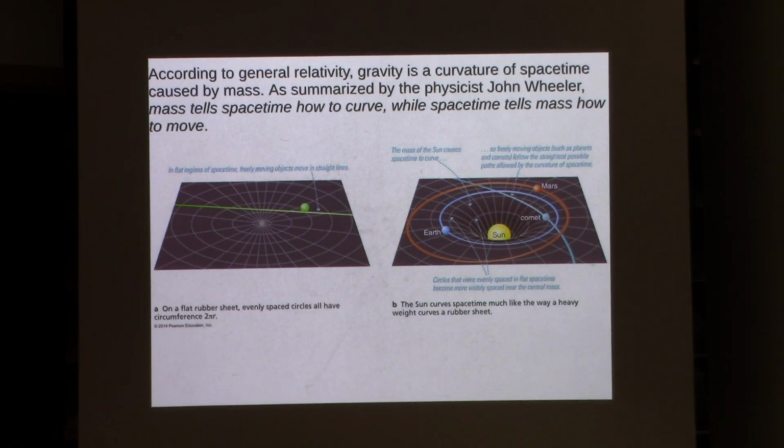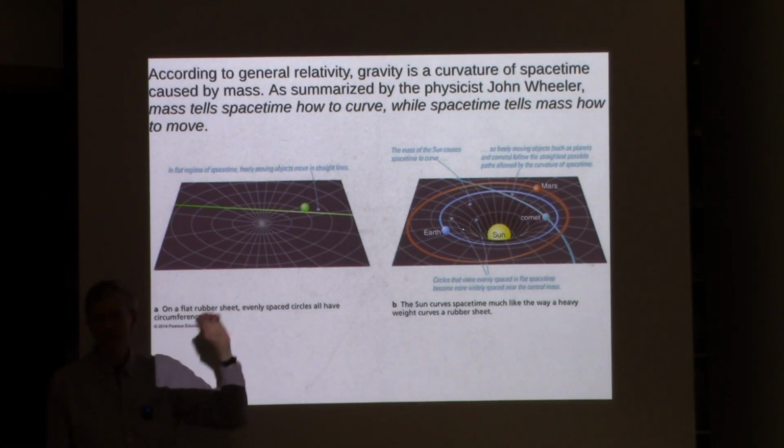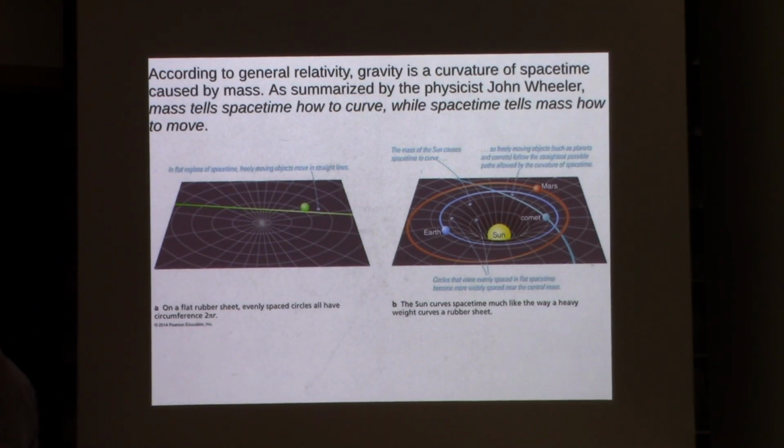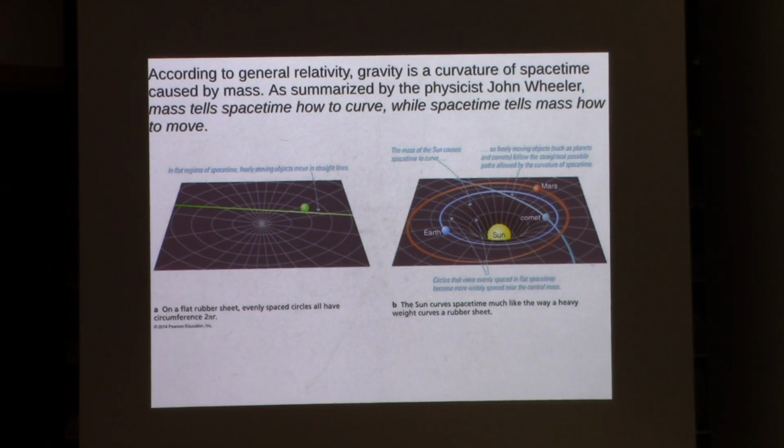We'll say more about so-called geodesics later on. In general, and you've seen this before, there's the stretched rubber sheet analogy. It's only an analogy. Space is three-dimensional, and this is a two-dimensional sheet. The weakness here is that you take a bowling ball to represent the sun and put it on a stretched rubber sheet, and it bends the sheet.